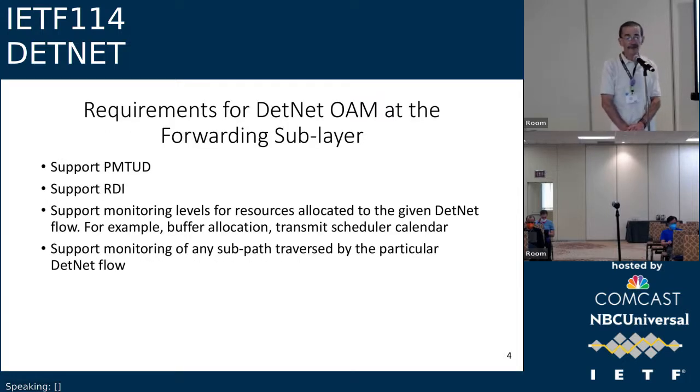So as I mentioned, the DETNET architecture identifies 2 sublayers, the forwarding and service sublayer. For the forwarding, it's important to be able to do path MTU discovery and use remote defect indication, so that the remote peer can indicate the loss of path continuity.